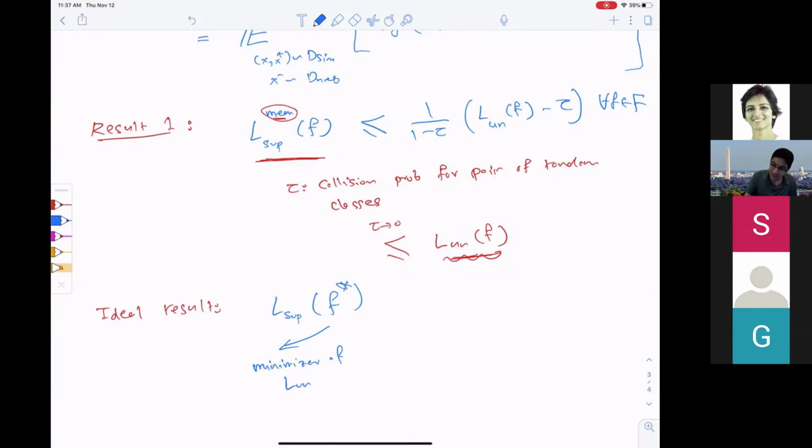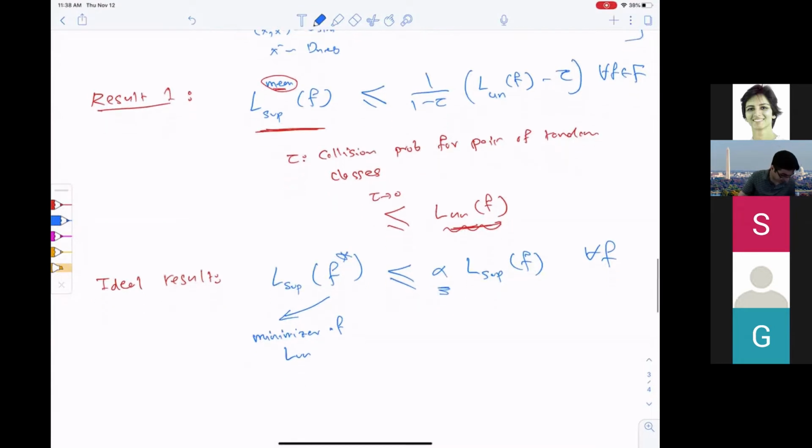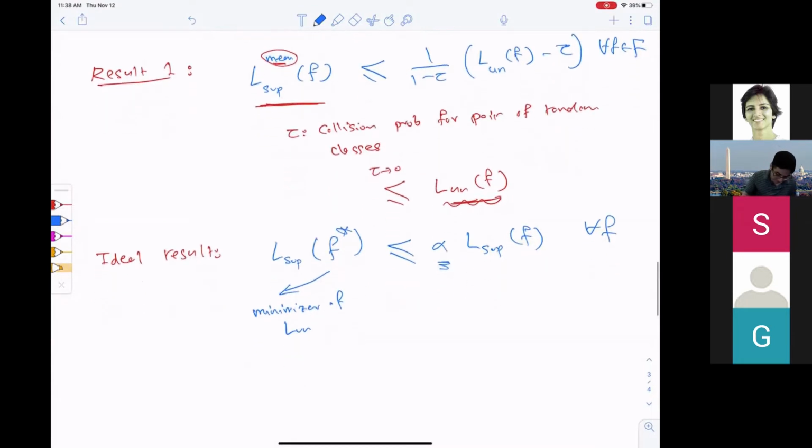If you evaluate that F star in a supervised setting, ideally we want that to be better than any other supervised F. In other words, we would have just a potential loss of performance by a small constant. And they have some counterexamples.